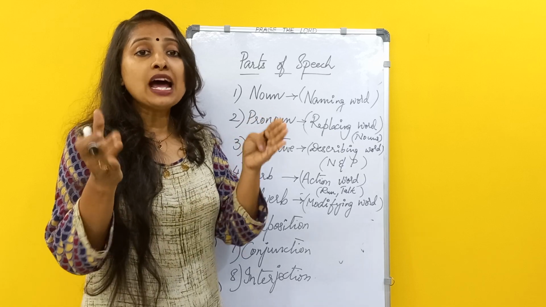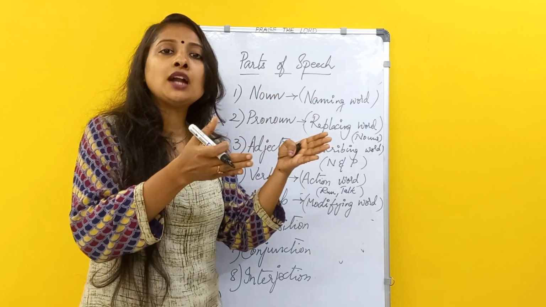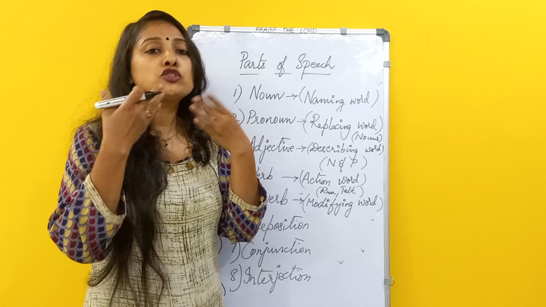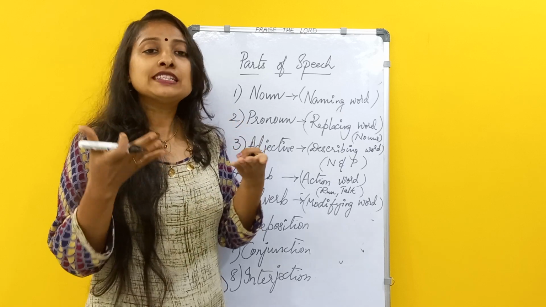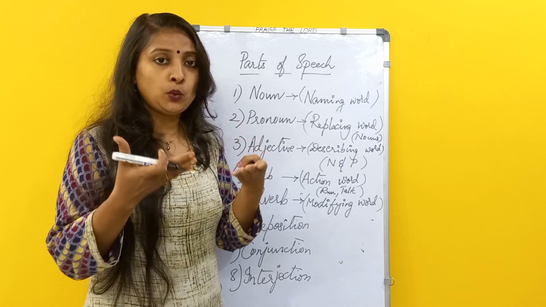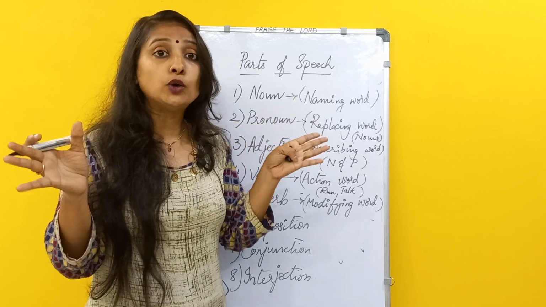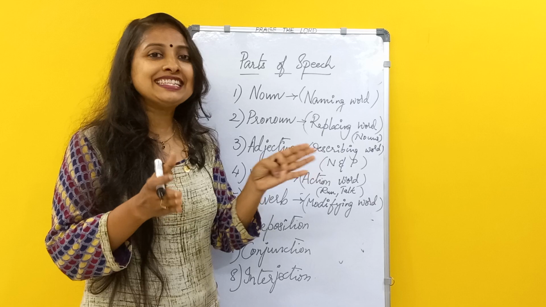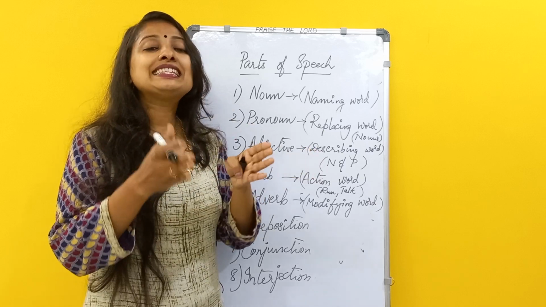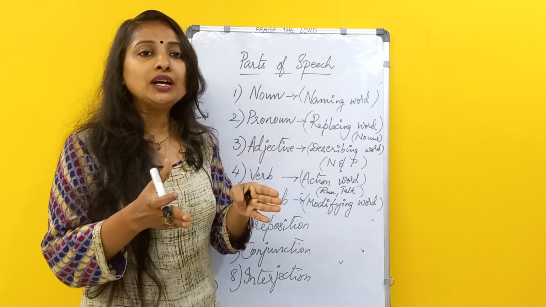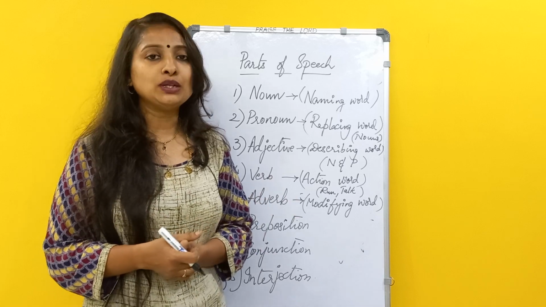So this word loudly is actually enhancing what? Talk. Talk is the action which is being done. That is the verb. So regarding this talking, how am I talking? I am talking loudly. So this loudly is the modifying word, which is nothing but the adverb.